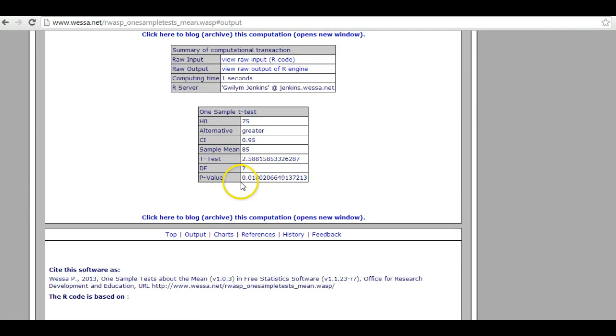So if we compute this time, greater, and oh, there's my p-value.